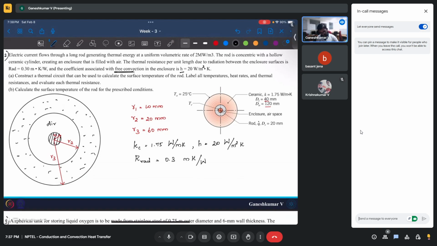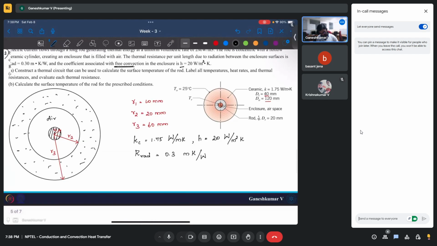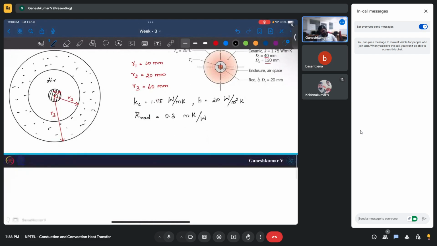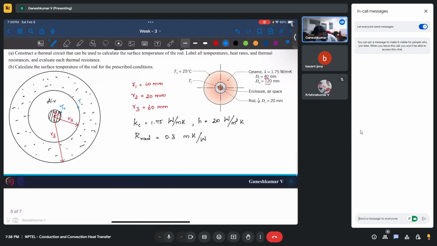So how will we draw the thermal circuit? Let me also give the temperatures. This will be TR, and this will be T of ceramic, so we can say this can be T_si, and this can be T_so.